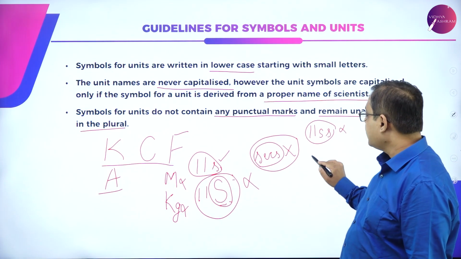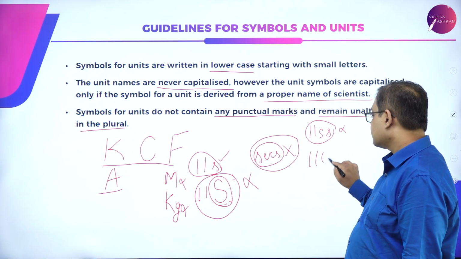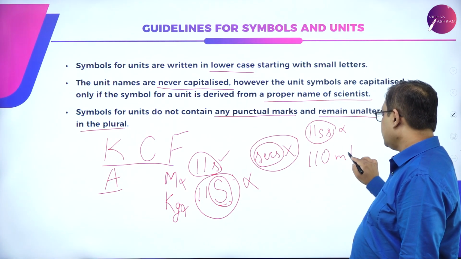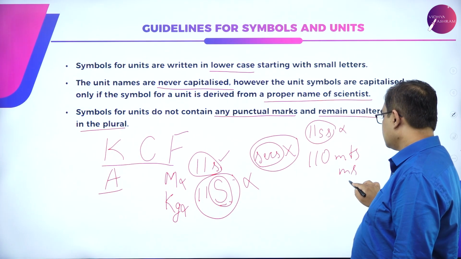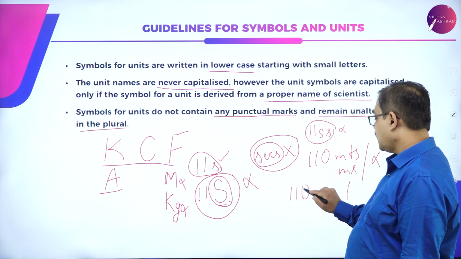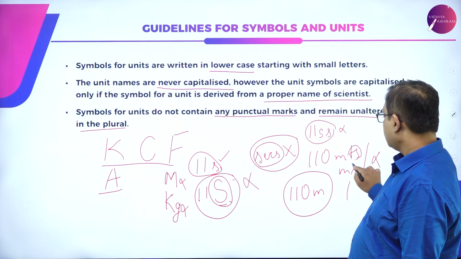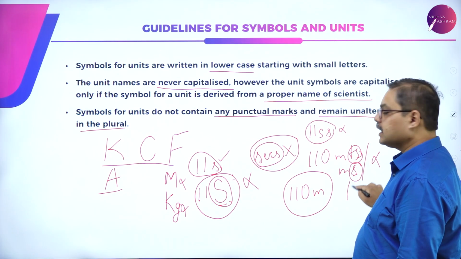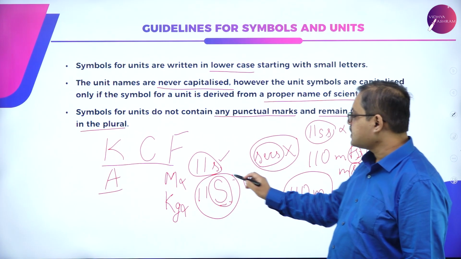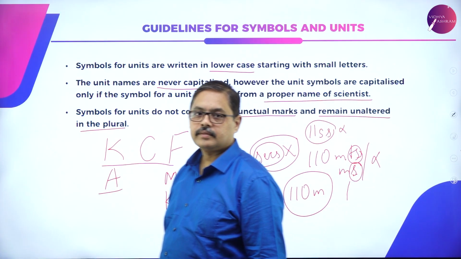Or say for example, the dimension of the plot is 110 meters. I cannot write it as mts or ms. These are all wrong. I have to just write it as 110 m. There is no plural. If you write a plural as s, people will understand that it is for second, not for the plural form.